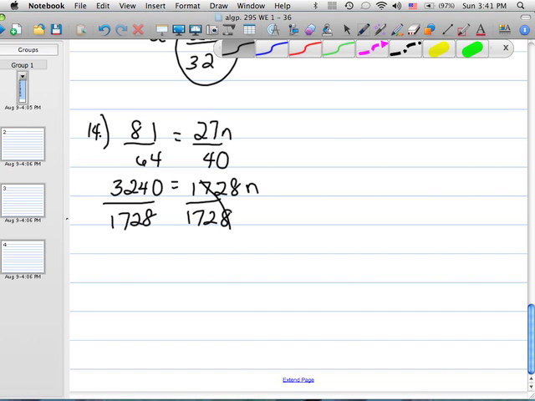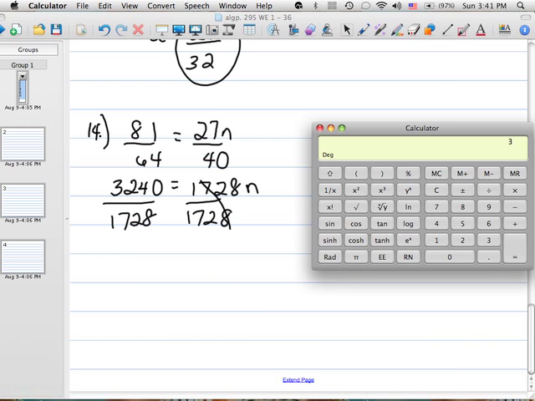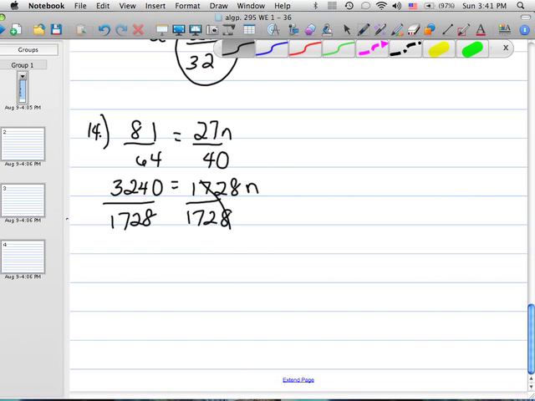Let's see, we could start dividing by, well, 9. If I add the digits up here, I get 6, 5, and 4 make 9, and 8 and 10 make 18. I know 9 goes in and 2 goes in, so I can divide by 18. So if I take 3240 and divide by 18, I get 180. And divide the bottom by 18 also.